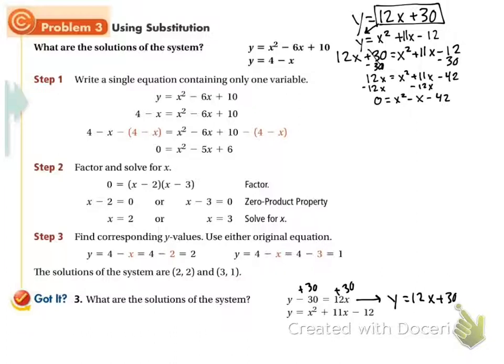So we're looking for numbers that multiply to negative 42. So again, this is one of those that we need to have two columns for because it's negative.